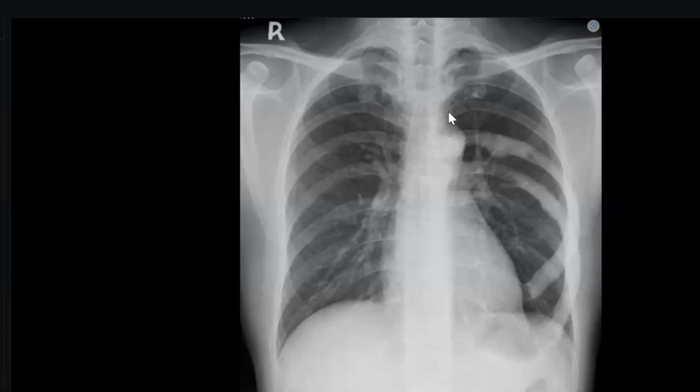What is melorheostosis? What is the name of this sign? The flowing candle wax appearance. Excellent. What is melorheostosis? There is flowing increased density with flowing ossification along the margins of the bone, giving the appearance of candle wax.